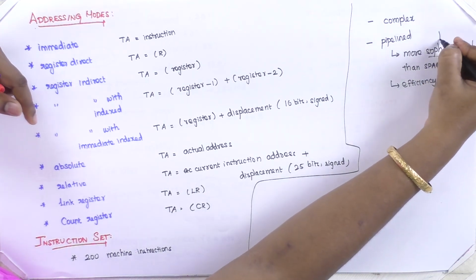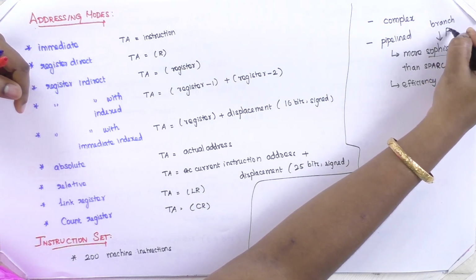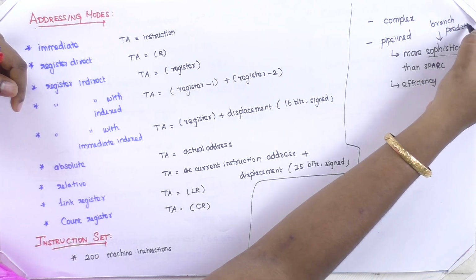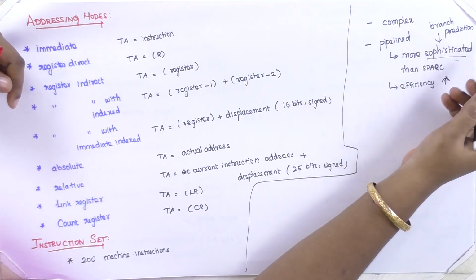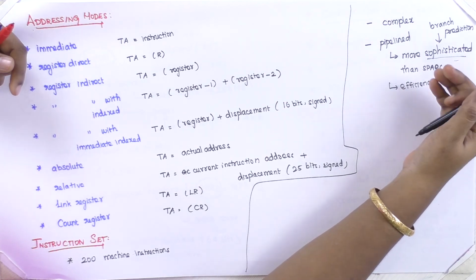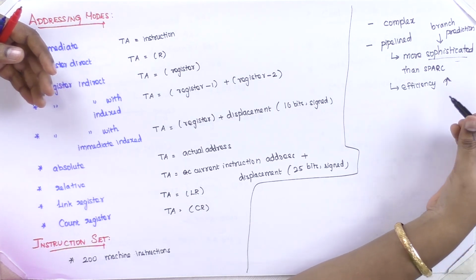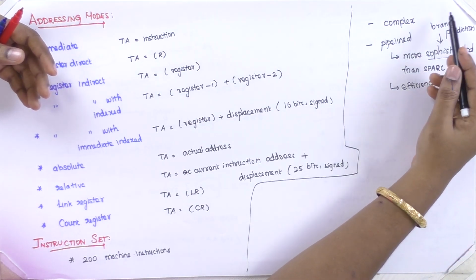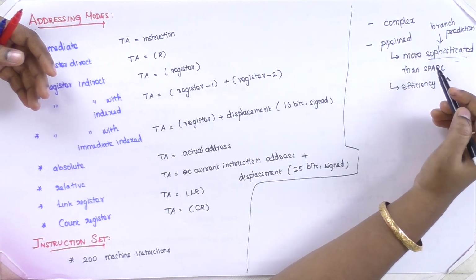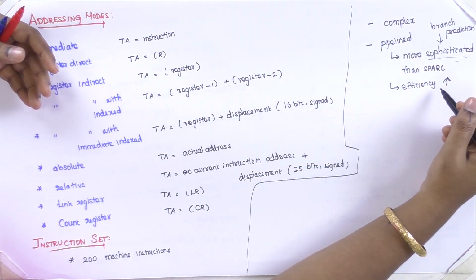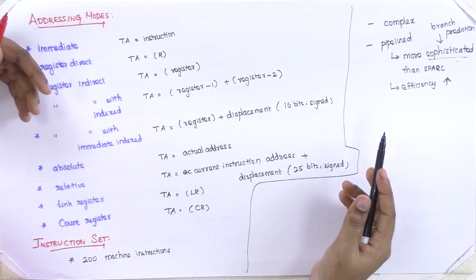By utilizing the branch prediction method. While executing itself, we will be predicting where a branch will occur, and accordingly that branch instruction will be pipelined. Since we are using the branch prediction method, the efficiency of pipelined execution is very much improved in our PowerPC architecture. So that's all about the instruction set.